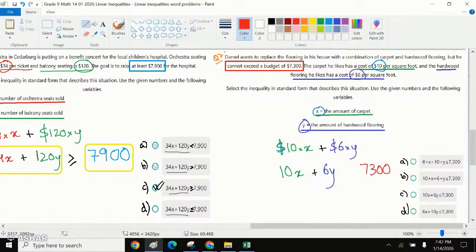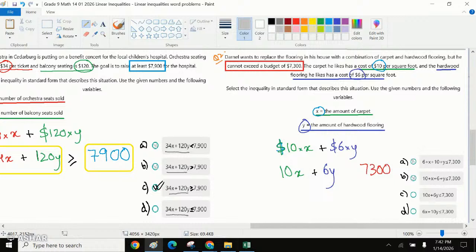So which option should it be? A, B, C, D? It cannot be option number A, it cannot be option number B because there are a lot of additions over here. But we know that cannot exceed a budget, right?